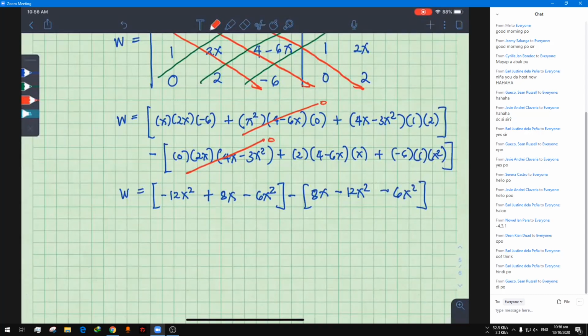So as you can see here, we'll have negative 12x squared minus negative, and 8x minus 8x, negative 6x minus. So therefore, W is equal to 0. Therefore, this is linearly dependent.